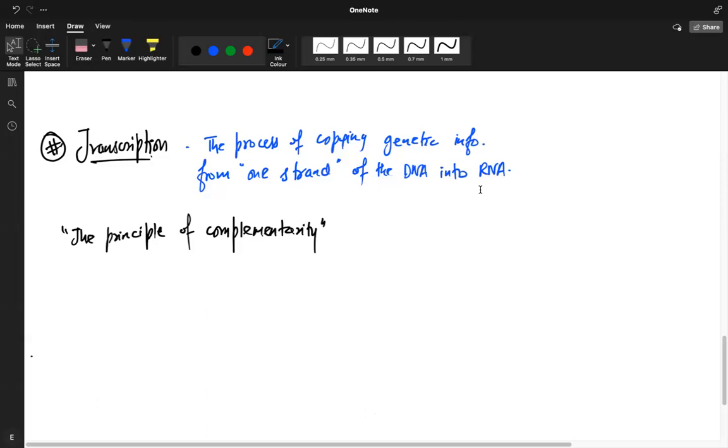Quickly, since we have less time, I want some quick opinions on it. Think and then give an opinion. Hiram, what do you think? Why just one strand? Why can't we copy from both the strands?